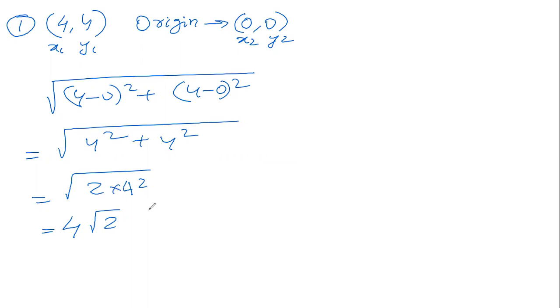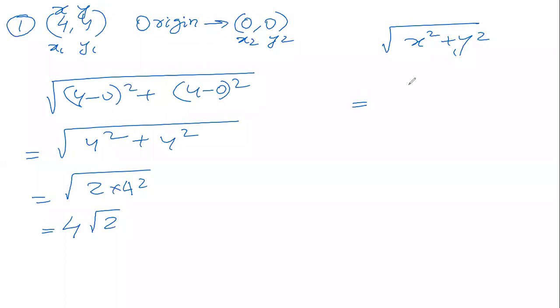There is another way to solve the same question using the direct formula, where we said we can find the distance between a point and the origin using the simpler formula. Suppose we call this point (x, y). So the formula becomes the square root of x square plus y square.